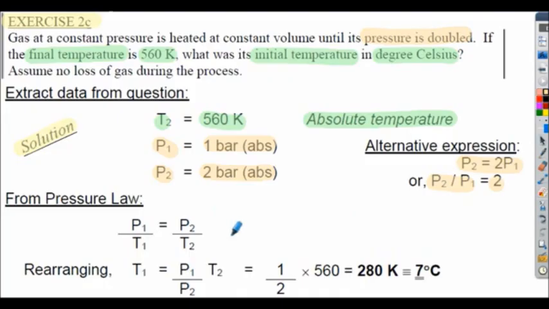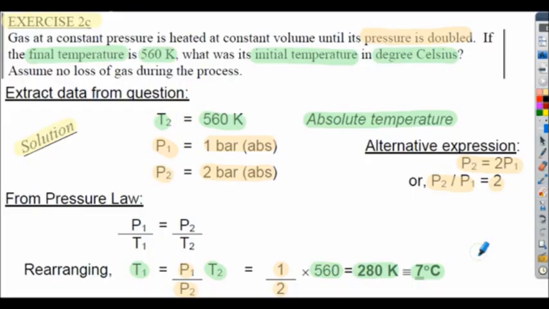So from the pressure law, now we have to find T1. Initially we multiply both sides by T1 and divide both sides by P2, and then multiply both sides by T2. Inserting the values for P1, for P2, and for T2, we can determine the value of T1 in terms of K, and subtract 273, we find the value in terms of degrees C. I would encourage you to stop the presentation and just review that solution so you clearly understand the way we've extracted the information from the question.